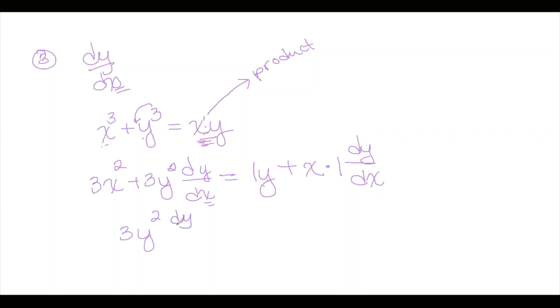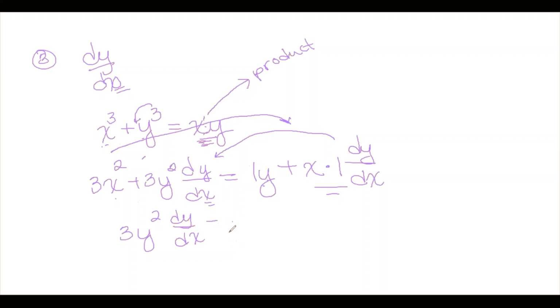3y squared dy/dx minus, let's put this over here. I'm just going to put the dy/dx's on one side, and I'm going to move the non-dy/dx's to this side.